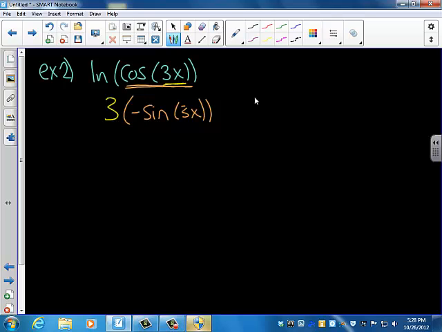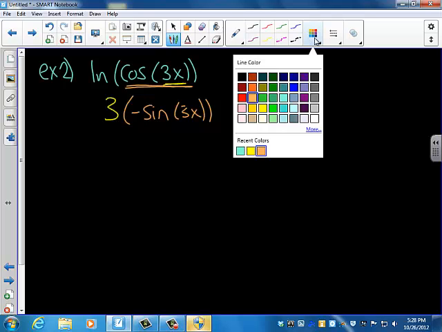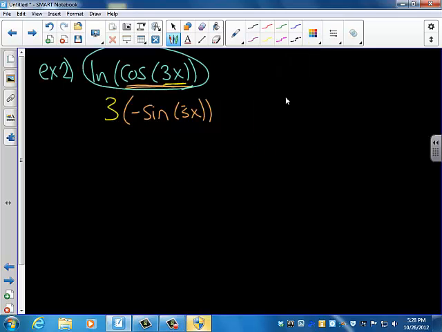Now lastly, let's look at the derivative of the whole thing. Going back to my turquoise or blue I like to use so much, that's just 1 over everything written inside there, cosine 3x.